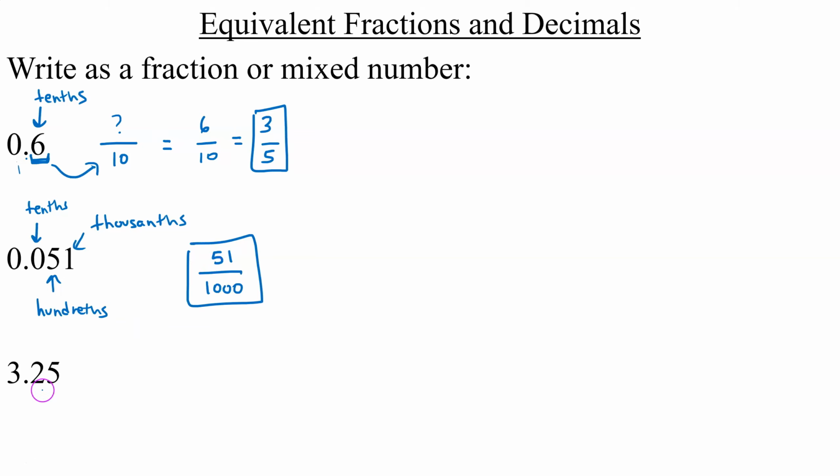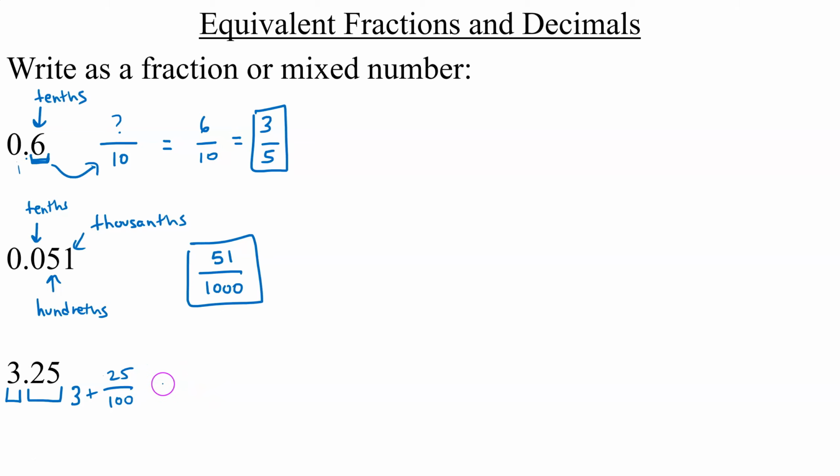All right, our last example, we have a number here before the decimal place. For right now, we're just going to ignore that number and deal with the decimal place. It is out to the hundredths, so that means we're dealing with a fraction that's out of 100. And how many out of 100? 25. And we're going to add the 3 to that.